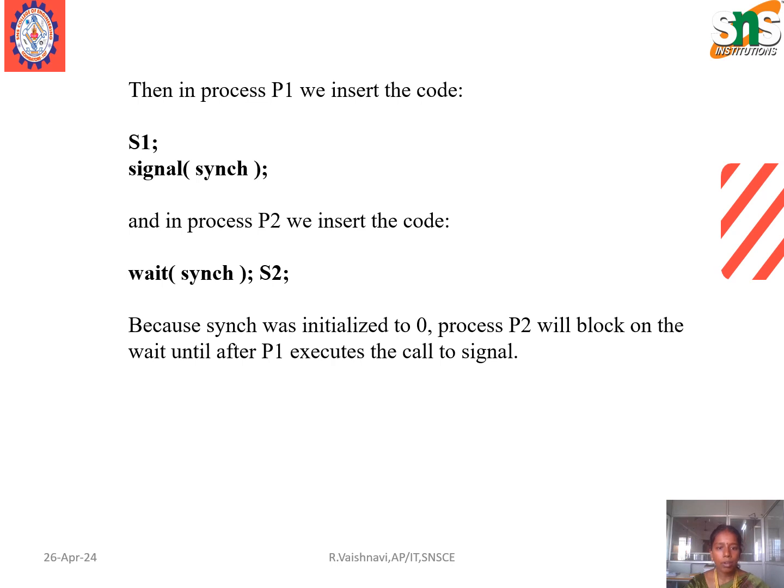Then in process P1 we insert the code S1 followed by signal(synchronize), and in process P2 we insert the code wait(synchronize) followed by S2. Because synchronize was initialized to 0, process P2 will block on the wait until after process P1 executes the call to signal.